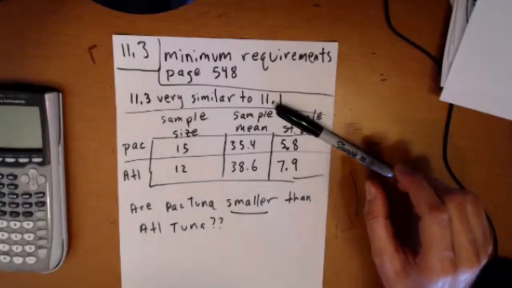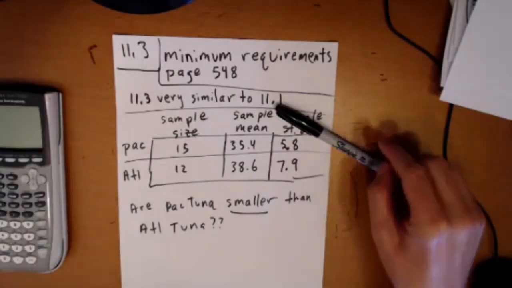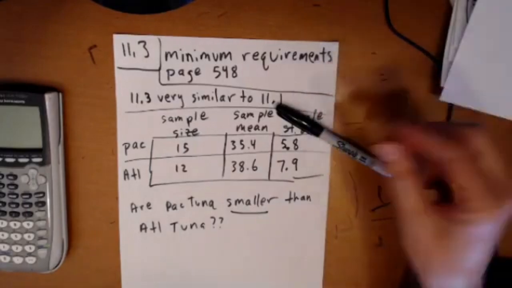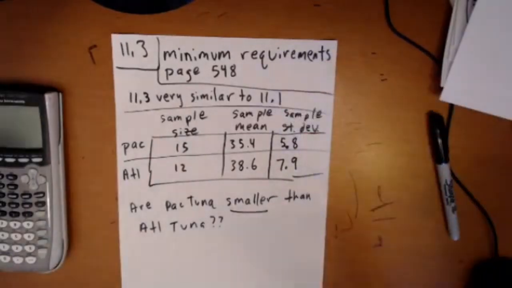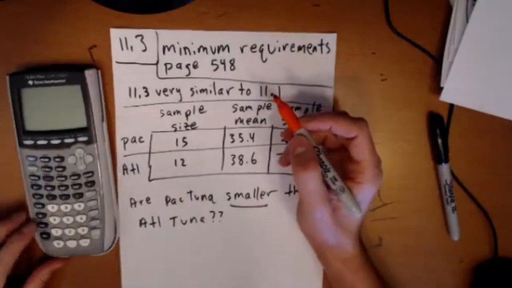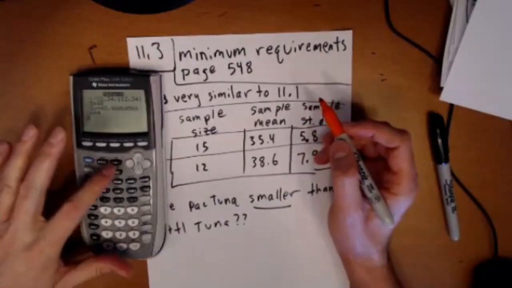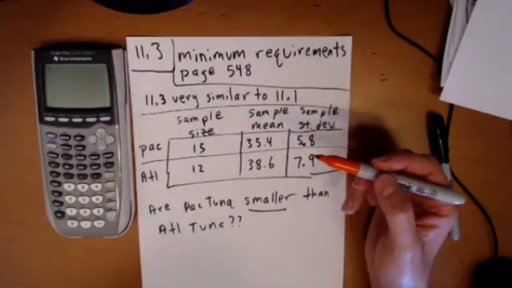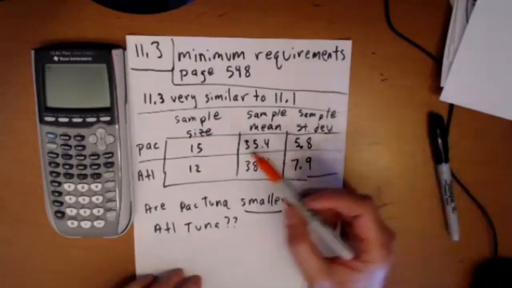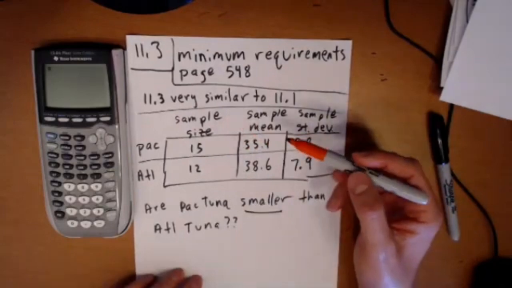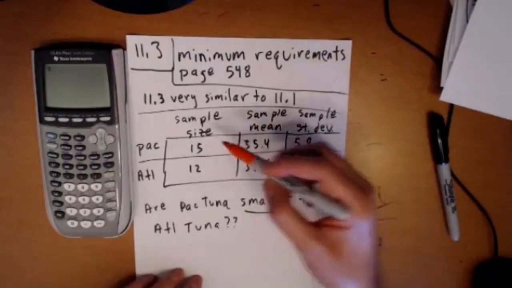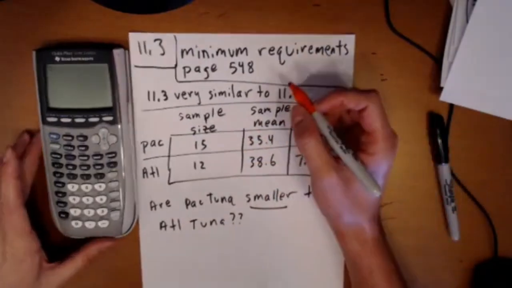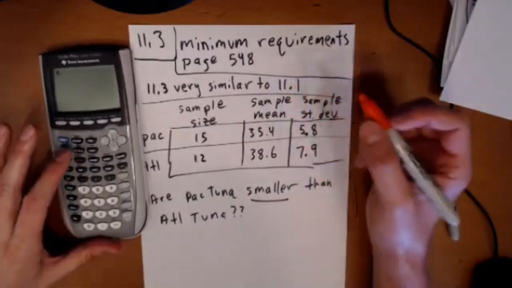In order to use our new test, it's clear it's a two sample test, and it's all about the x bars and s's and n's.